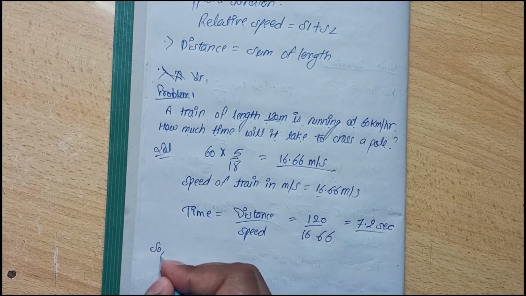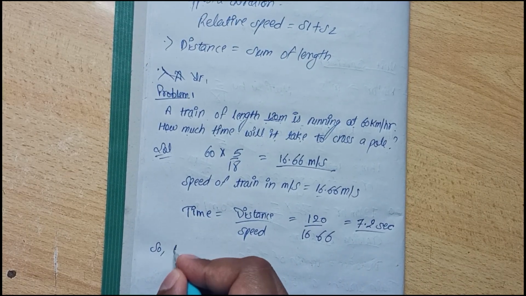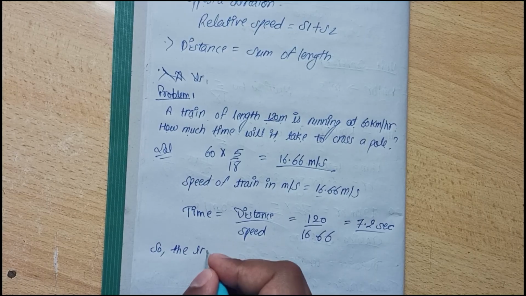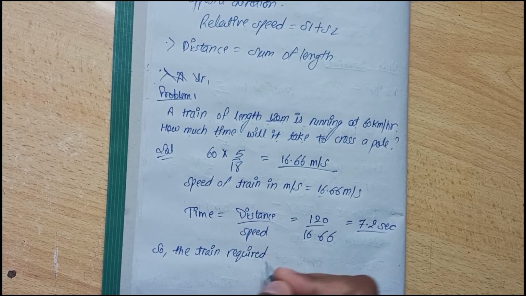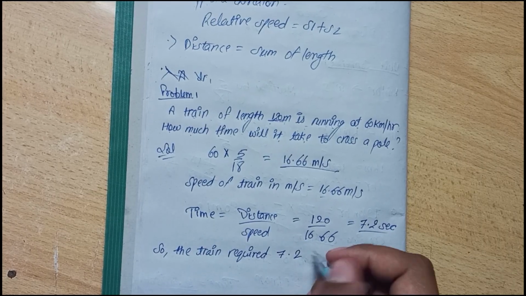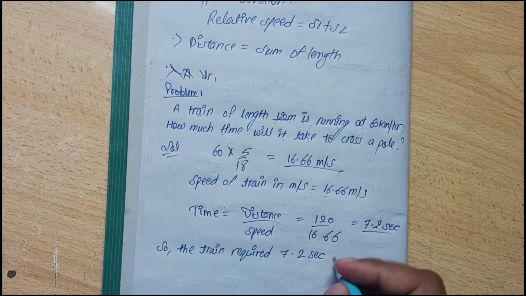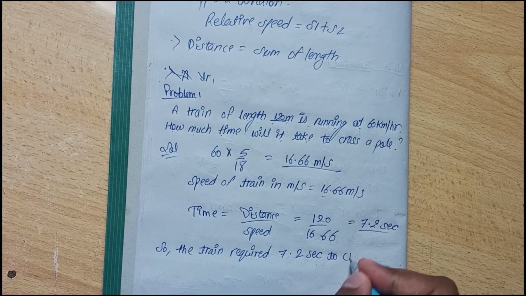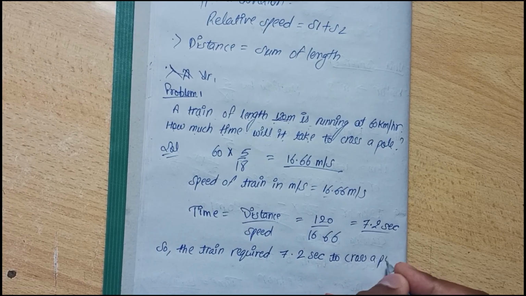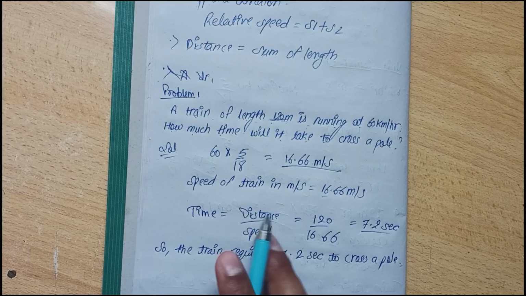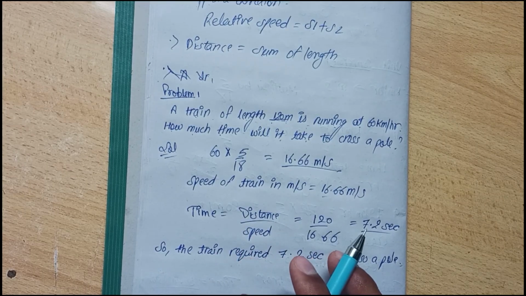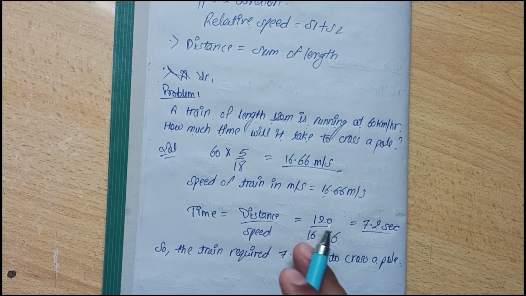So the train required 7.2 seconds to cross a pole. So this is a simple question. We just need to apply the formula, nothing much. Just apply the formula and solve the problem.